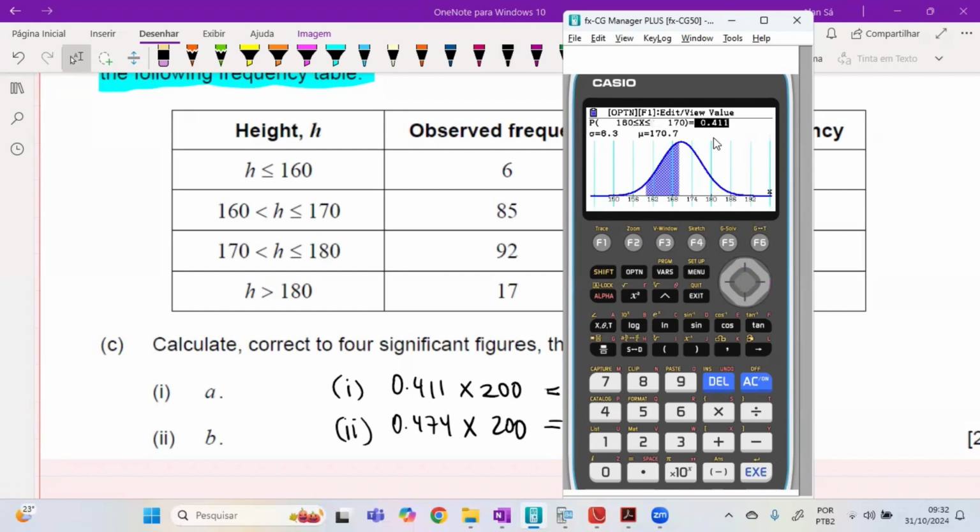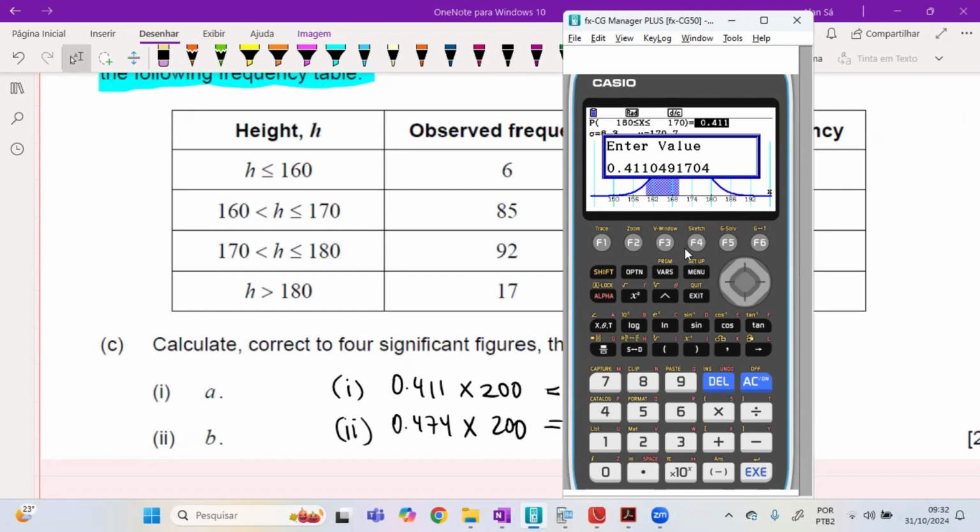To see this value with more figures, we press the key option and then F1, and then we see more figures. This is needed in this question. So you would write this down and, in the normal screen, multiply this by 200.